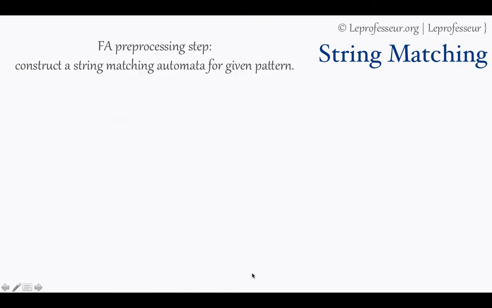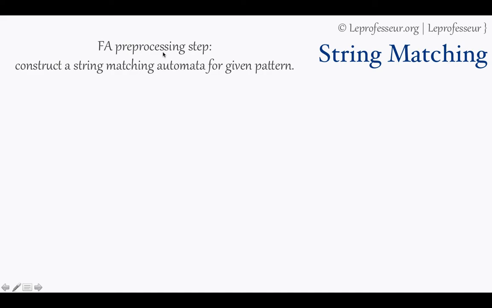Now let's talk about the algorithm. The first step for any finite automaton based algorithm is the pre-processing step. And what is the pre-processing step? As we discussed just now, we construct a string matching automaton for the given pattern, or in other words, we create a transition table for a given pattern.